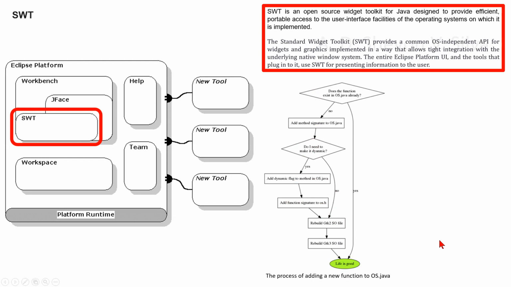Here you can see a flowchart describing the process of adding a new function to OS.java. Does the function exist in OS.java already? If it doesn't exist, or no, then it is connected to add method signature to OS.java. It is connected to the selection: do I need to make it dynamic?